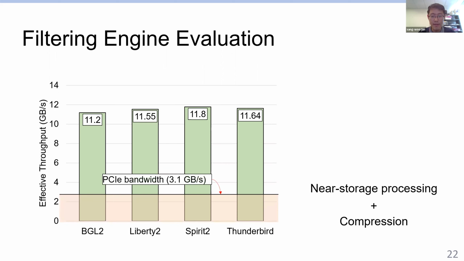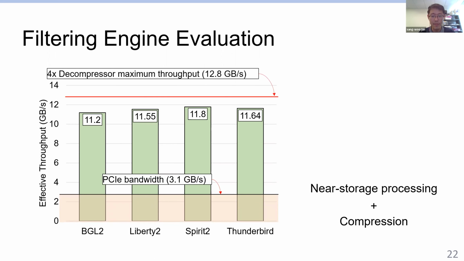So this is the benefit of having near storage processing with faster internal bandwidth, coupled with the compression, which we didn't talk about here. The 4x decompressor, the 4 times decompressor maximum throughput, as I mentioned before, should be 12.8 gigabytes per second, but unfortunately we didn't reach that exact number due to issues such as skew in token length causing head of line blocking.